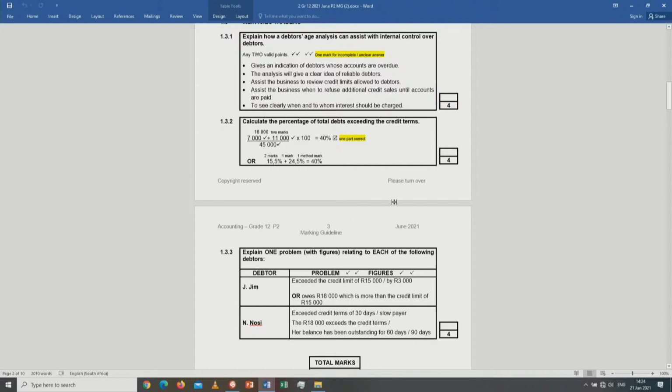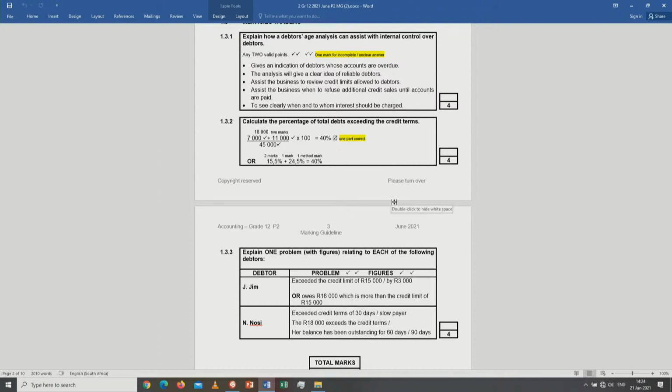It's then that 7,000 one mark, the 11,000 one mark, and the total outstanding credit is 45,000. So 18,000 over 45,000. If the learner gives you 18,000, you may award 2 marks for the 18,000, right? Times 100, that will give you 40%, right? So it's your 4 marks there.